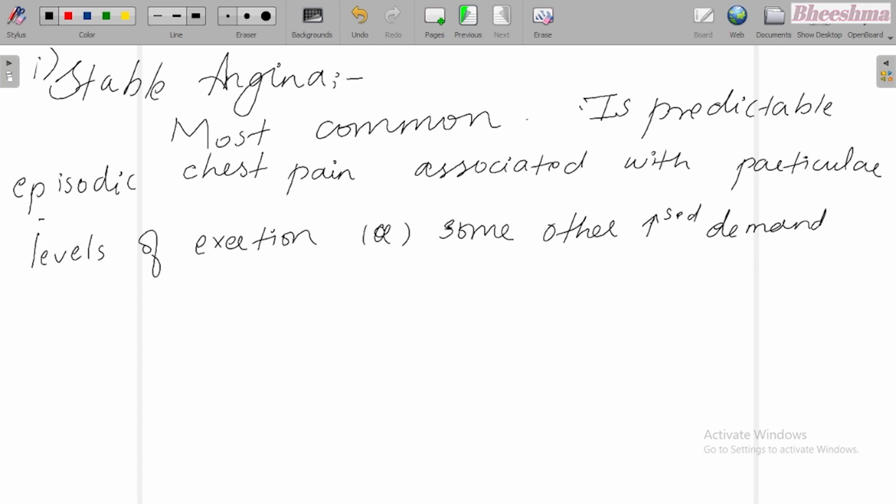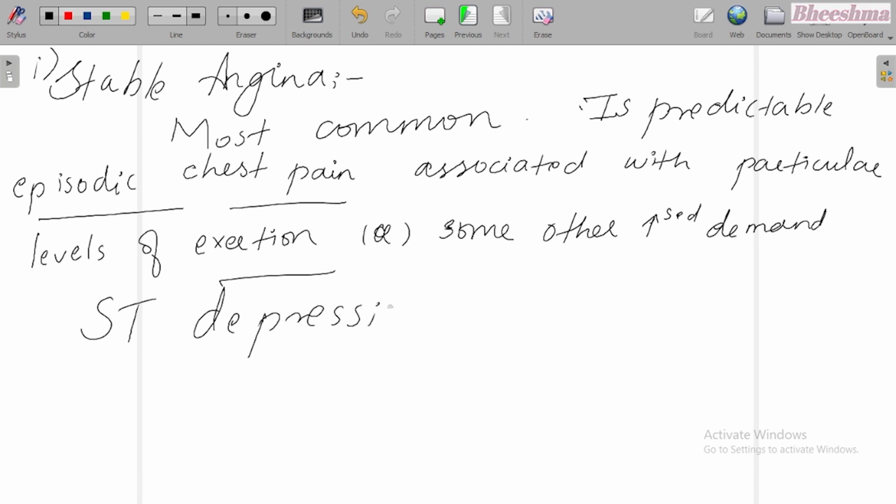In patients suffering from stable angina, ST segment depression will be there on the ECG.